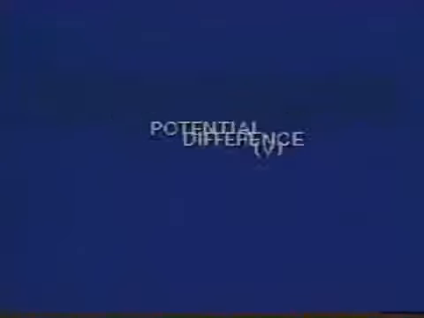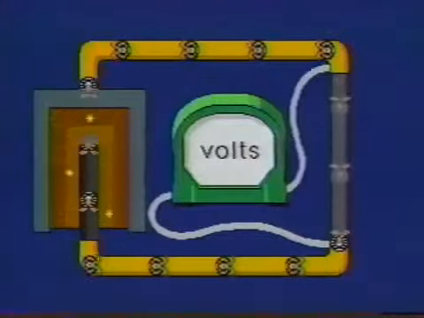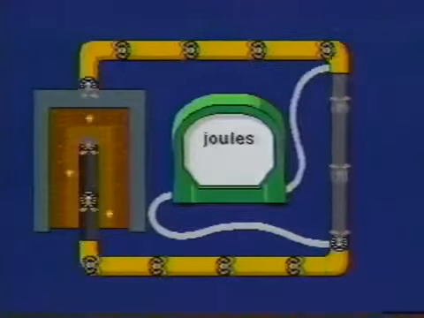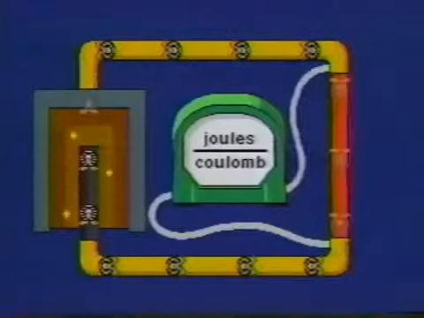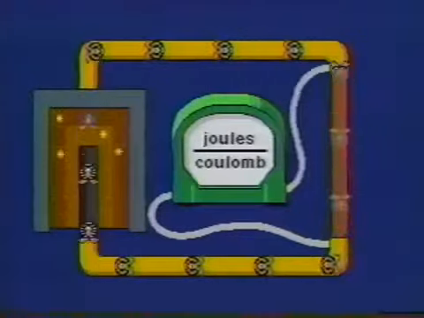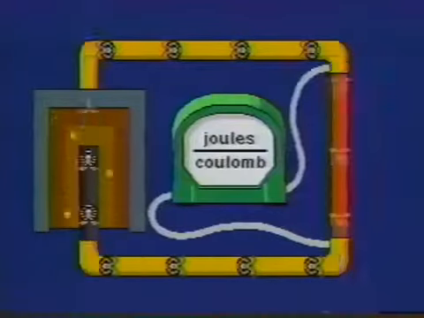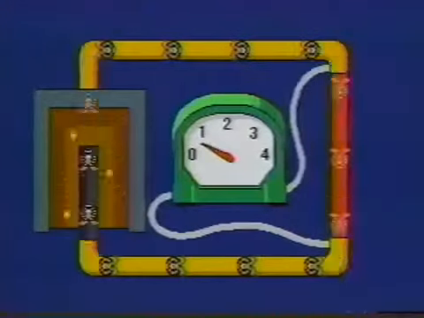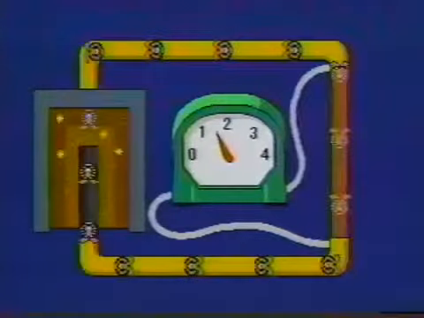Another concept that helps us describe a circuit is potential difference. The potential difference between any 2 points in a circuit is measured in volts. It is simply the number of joules of energy per coulomb that is changed to some other form of energy as the charge flows from one point to another. We could, for example, measure the potential difference across the heating element and note that it's 1.5 volts.